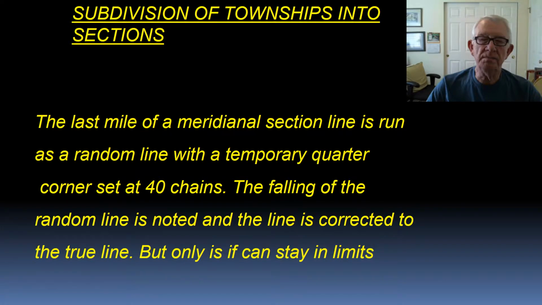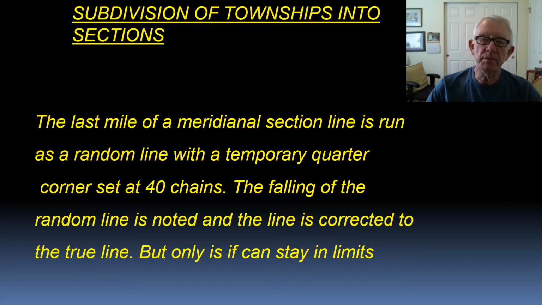Now, when we get to that northernmost section line, the last mile of the meridional section line is run as a random line with a temporary quarter corner set at 40 chains. We're going to find out what the falling is, and we're going to correct that last meridional section line, the line for the section in the northern tier of the township.